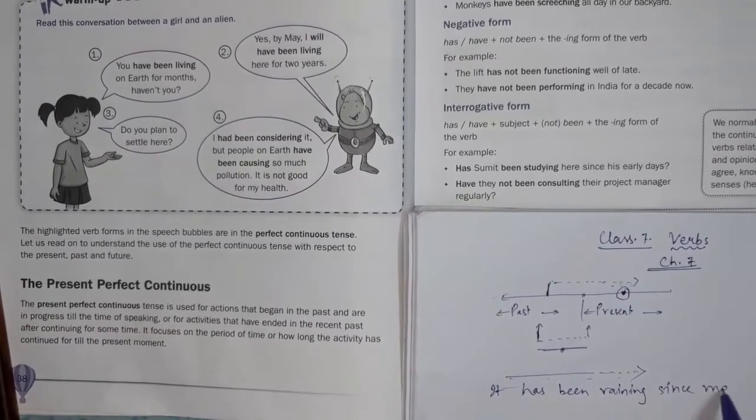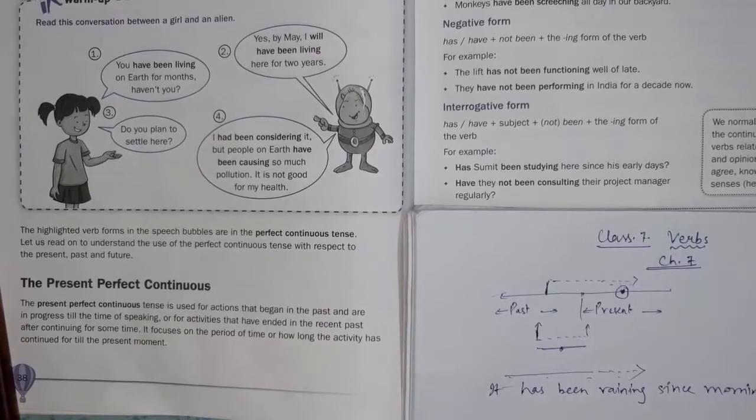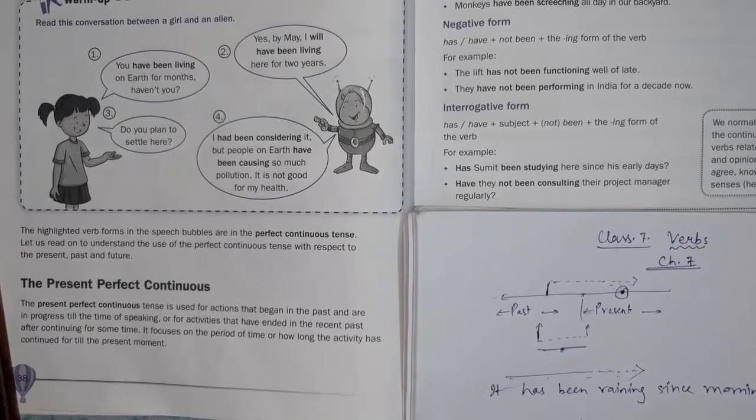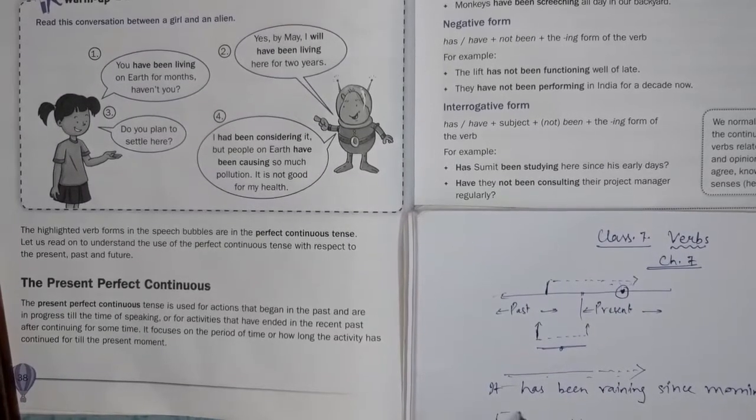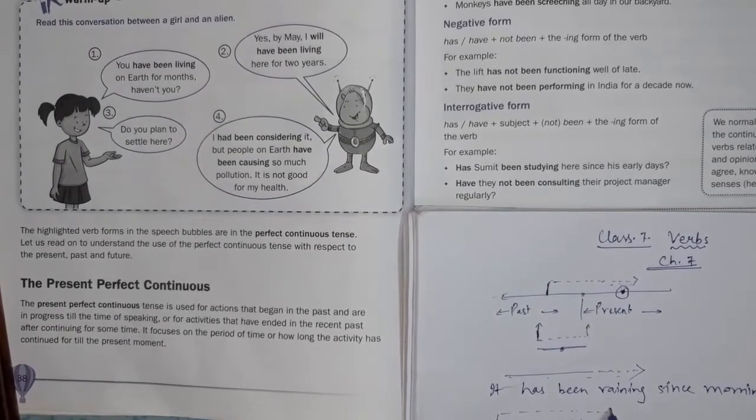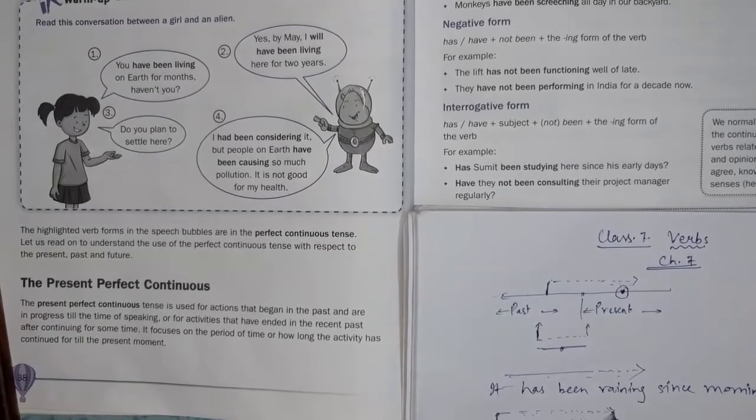So it has been raining since morning means since morning it is raining till now. Suppose now it is evening 6 p.m. and the rain started morning 8 a.m. so from that time it is still continuing till now, means the process of raining started from 8 a.m. in the morning and till now it is still raining.